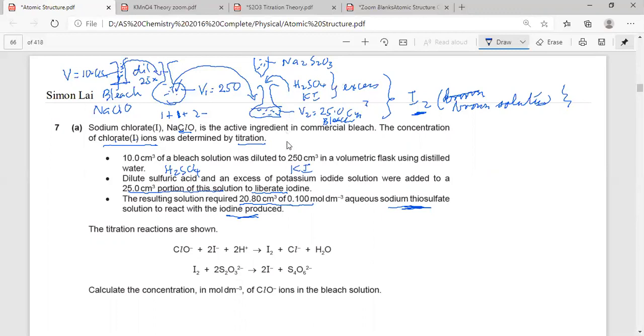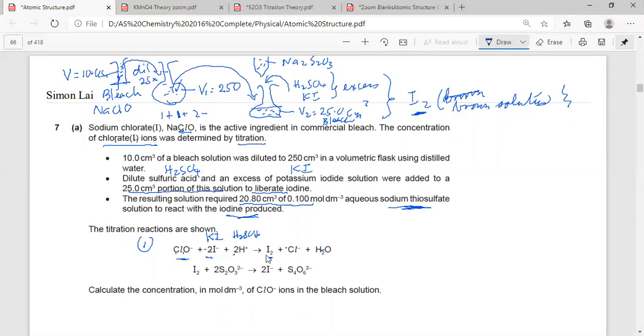Now you can see they show the direction. The first reaction: your bleach plus your KI, this I minus comes from KI, and your H2SO4 will give you iodine. Now this is a balanced equation, they do it for you already: 1 Cl, 1 Cl, 1 O, 1 O, 2H plus, 2I minus.